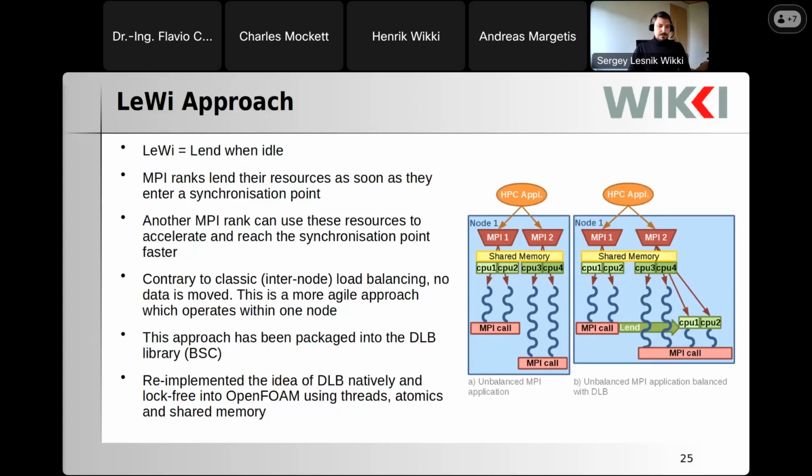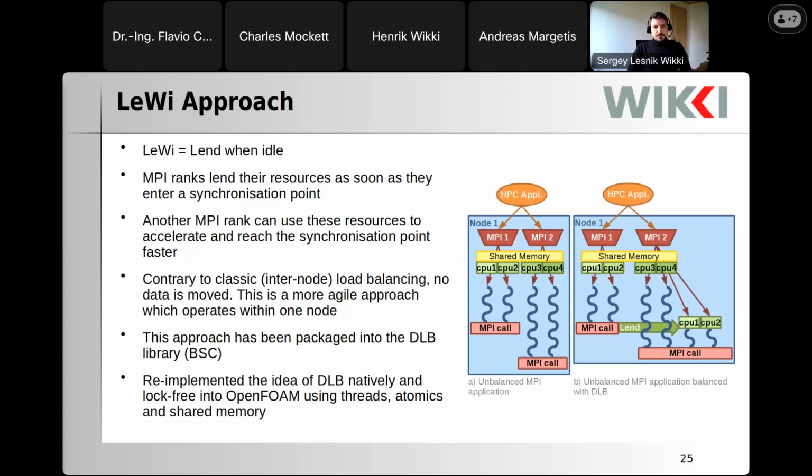And the idea there is that MPI ranks lend their resources as soon as they enter a synchronization point to a rank that has not reached that synchronization point. Okay, and you will say, okay, but well, they are not sharing the memory. And so we use a trick there, but that is the idea.